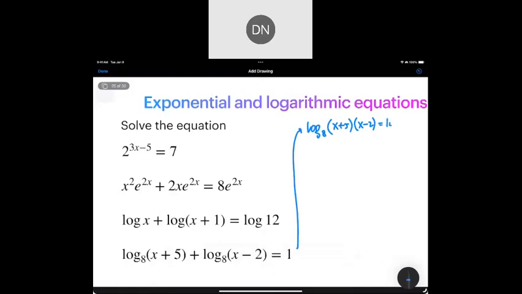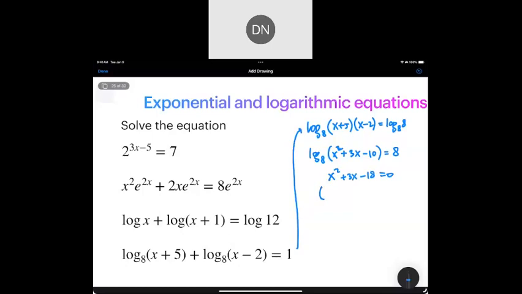And 1 will be log 8 of 8, right? So log 8, this will be x squared plus 5x minus 2x is 3x minus 10. And this will be 10, right? As you mentioned, this will be 3x minus 10 minus 18. Yeah, I think you're correct.